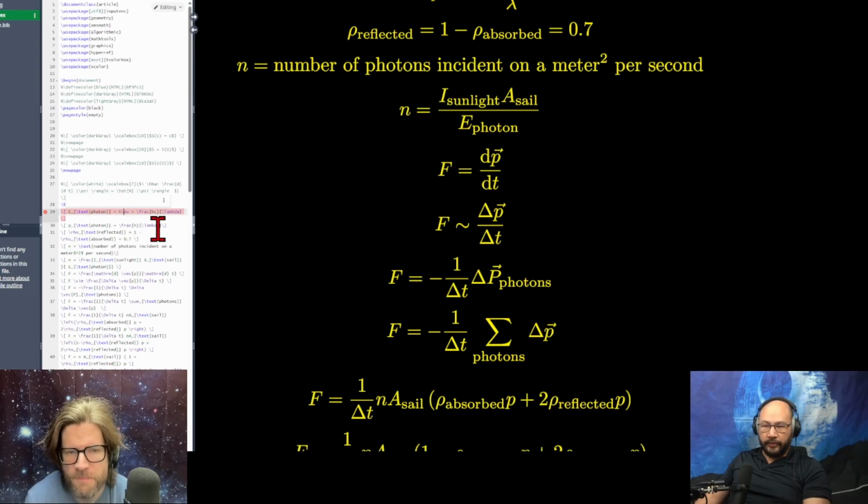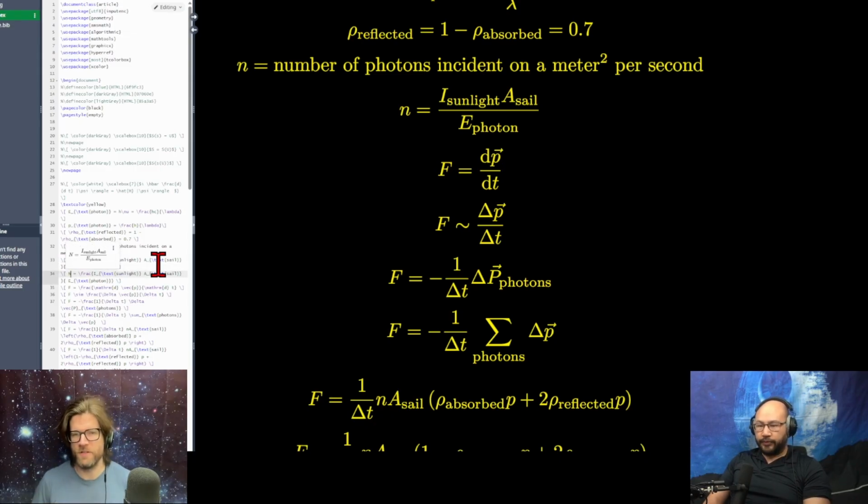Do you want me to copy and paste a capital N? And then n should be number of photons incident on a meter squared.